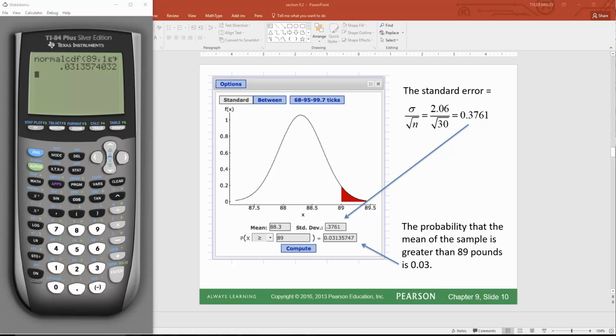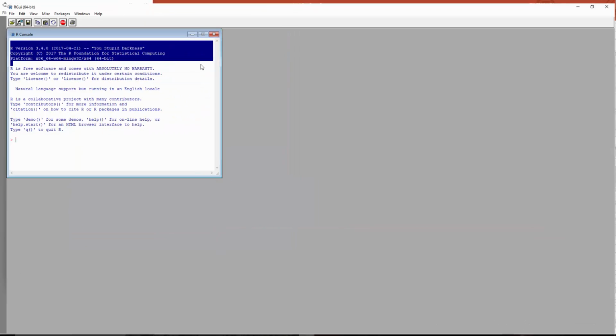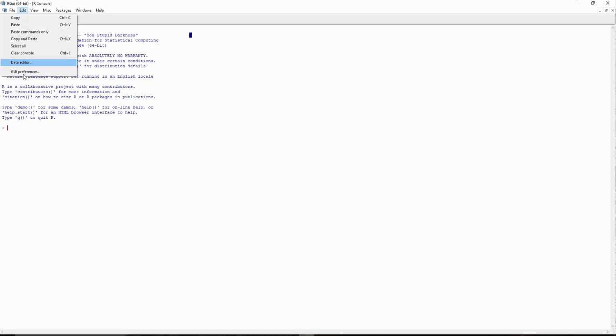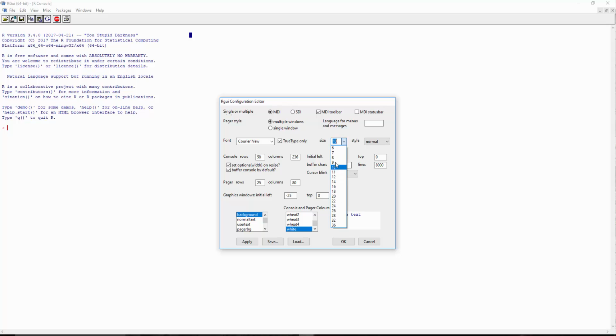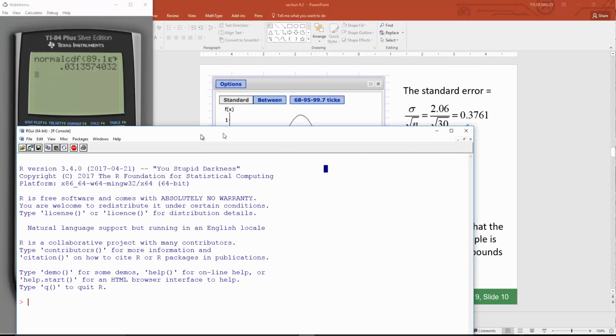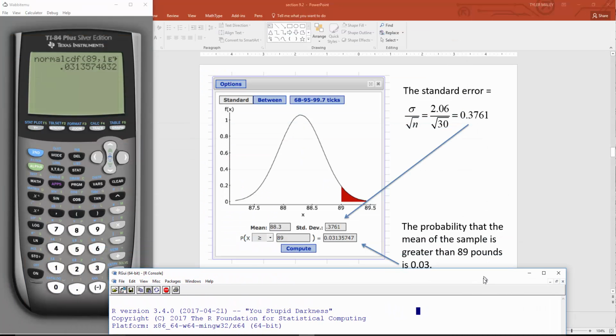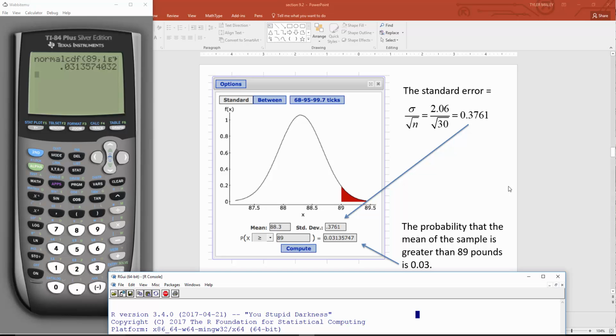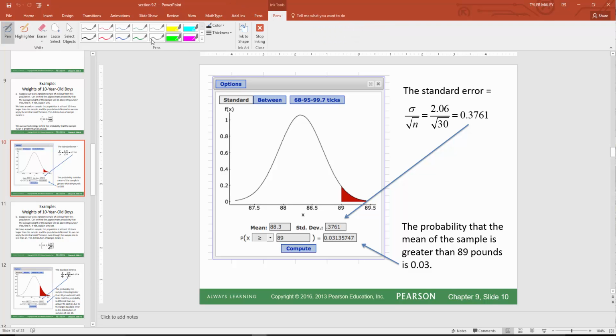Now doing it in R is very similar, just a little different. One thing we have to remember is R is going to find the left area.